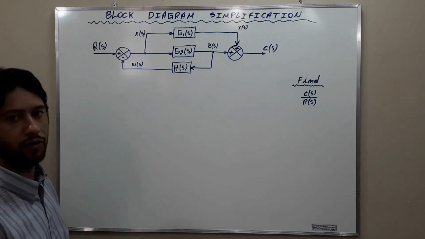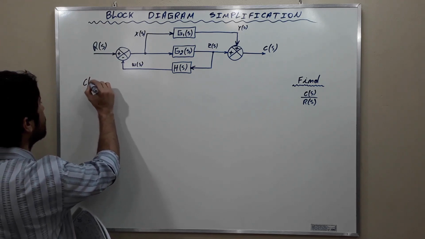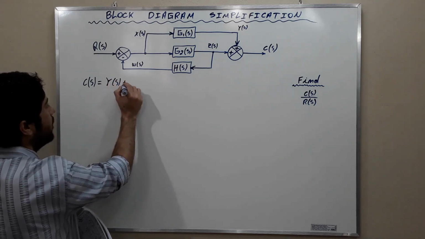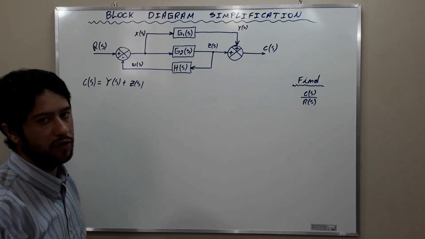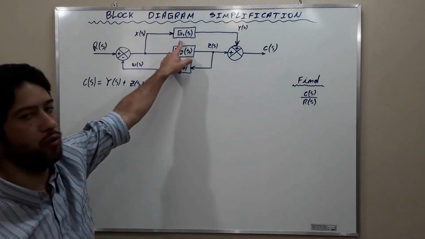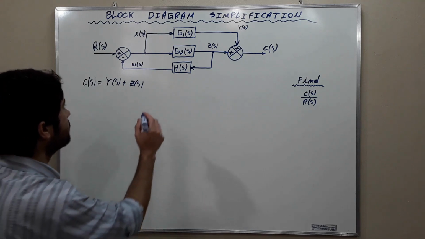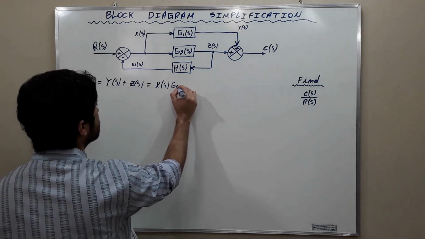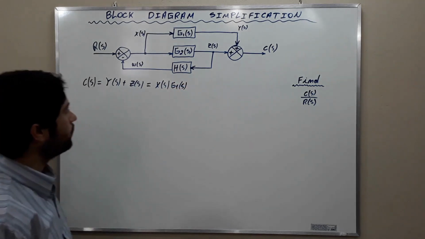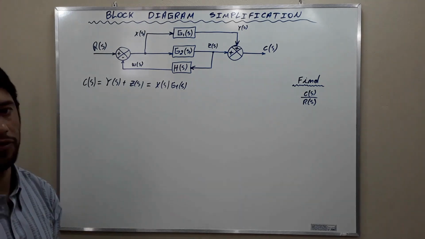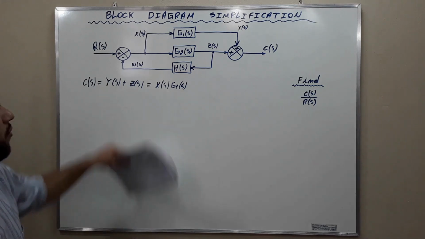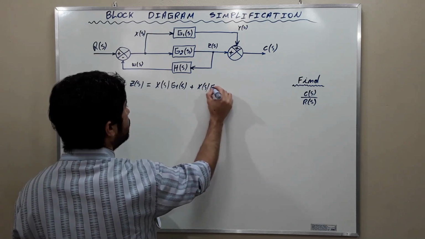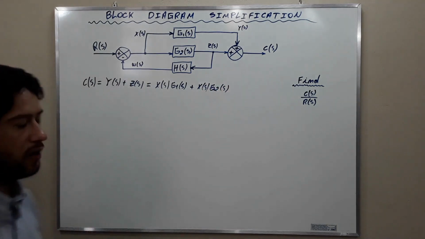As a reference, C of S is equal to Y of S plus Z of S. And observe also that Y of S is X of S times G1 of S, and Z of S is X of S times G2 of S.